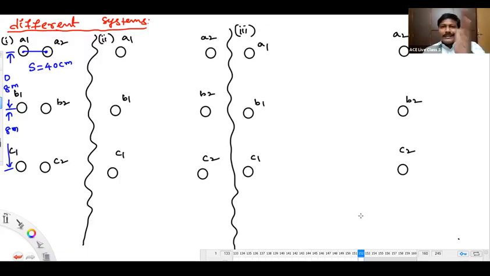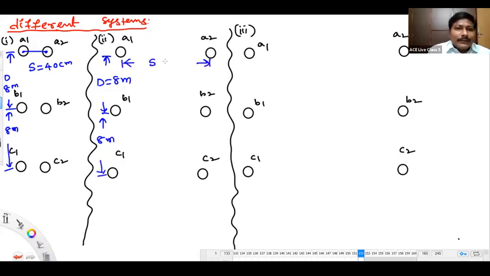Let me show in the next case. This gap D is 8 meters. This gap is also 8 meters. And A1 to A2, this gap is something like 6 meters.